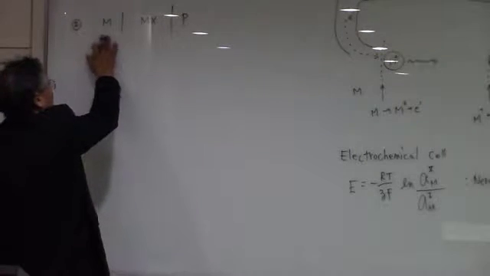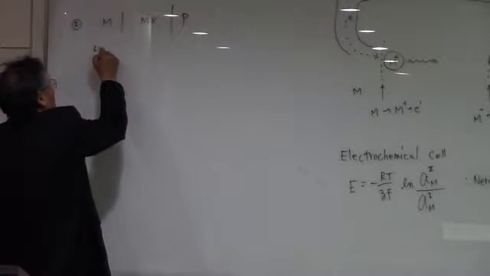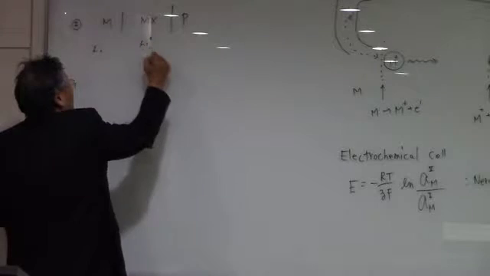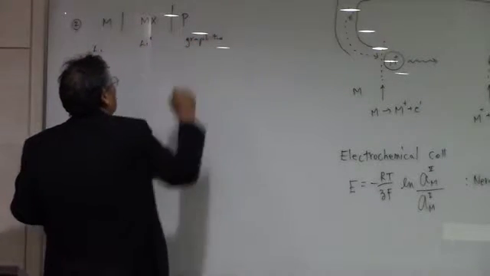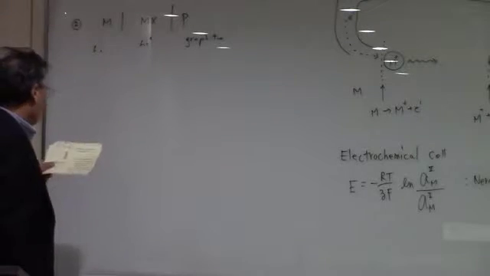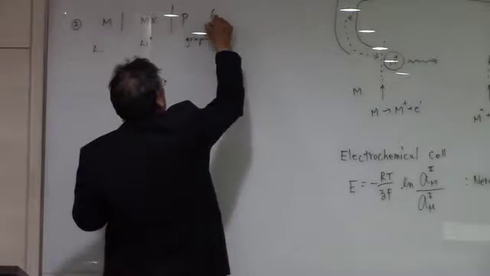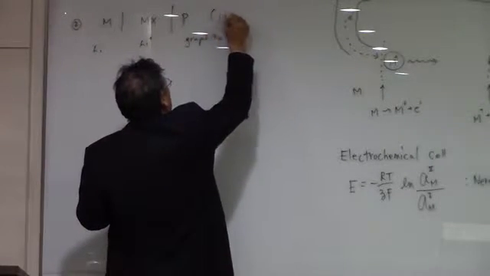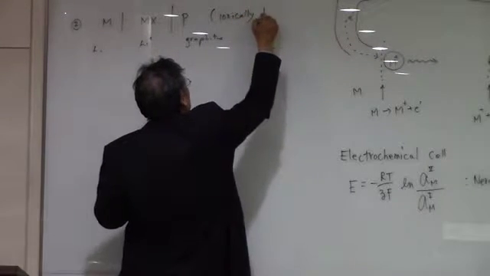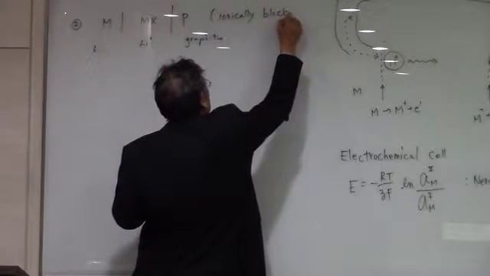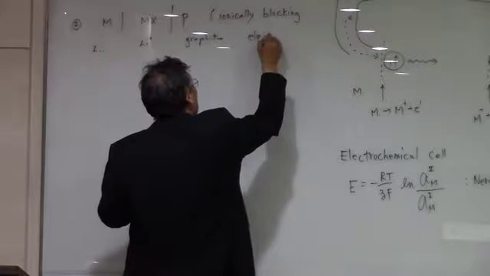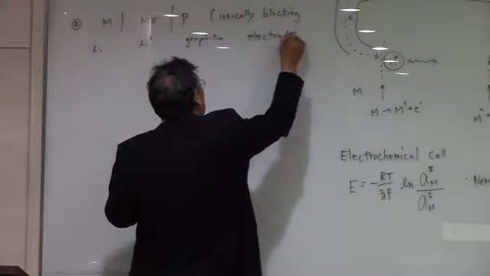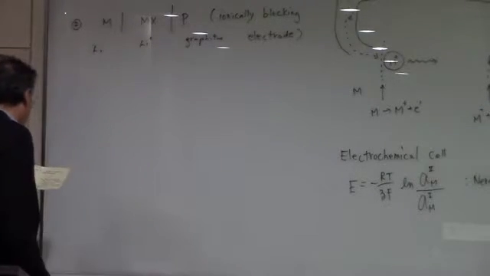Let's suppose this is lithium, and this is a lithium electrolyte, and then we have a graphite, something like this. That is an ionically blocking electrode. All right.